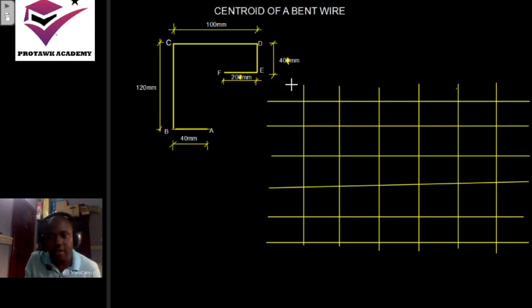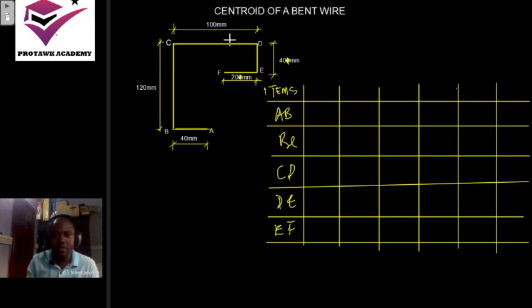So let us write out our members. I'll call them items, and the items are AB, BC, CD, DE, EF.